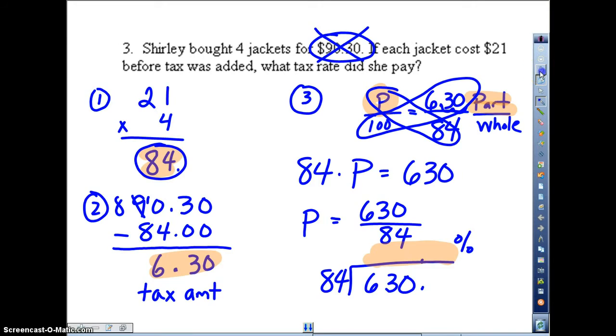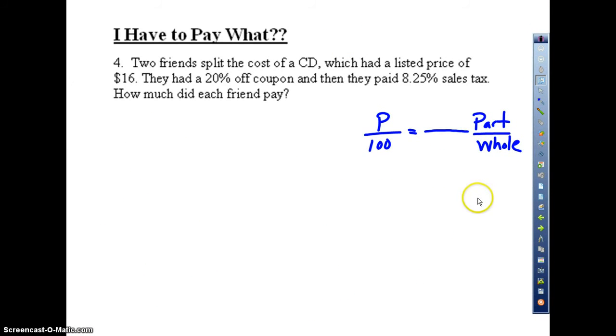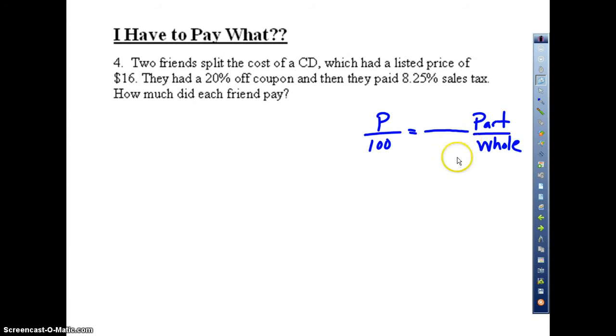Okay, I want to move on to another question. Let's go back and do this one here. This is number 4. 2 friends split the cost of a CD, which had a listed price of $16.